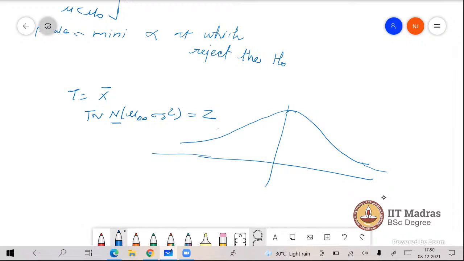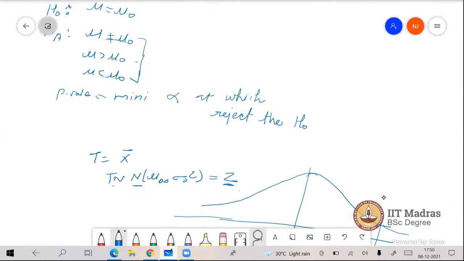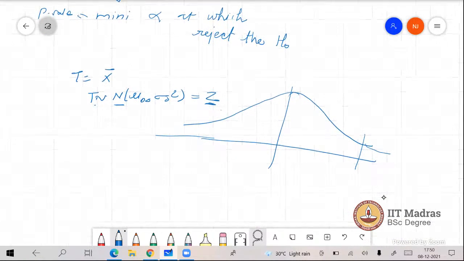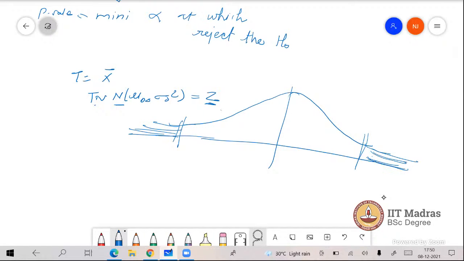Okay, so I'm saying that you can approximate T using Z distributions. Now you have the Z distribution. So your rejection, in this case, let's say mu not equal to mu naught. You will reject your null hypothesis whenever your test statistic lies in this region, whether less than this or greater than this, right?